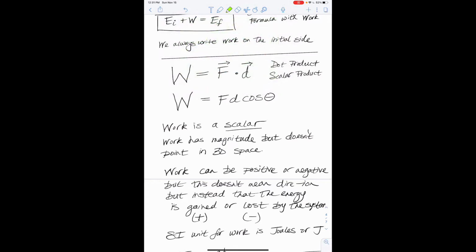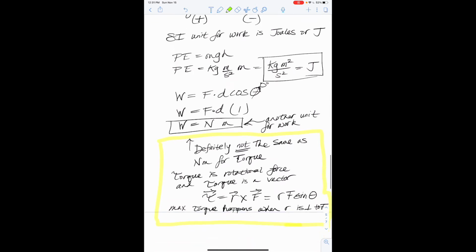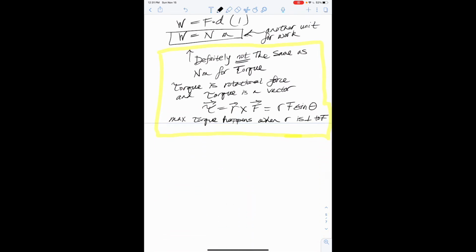So I'm going to carry that on down here. So the way we write this, work is not a vector, right? So it doesn't get the vector hat, but F is and D is, and we write it like this. So instead of using the X in between the two vectors, we use the dot. So we call this the dot product or scalar product.